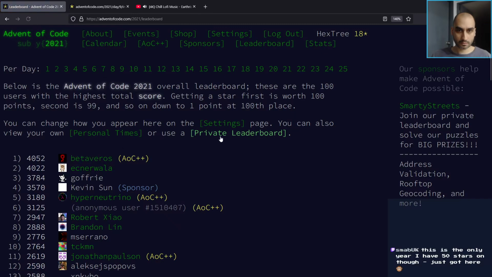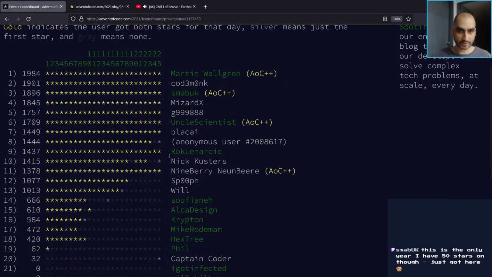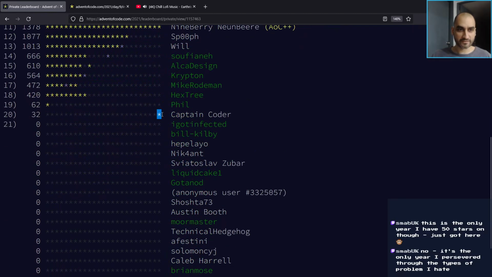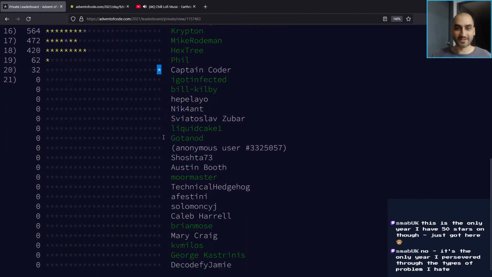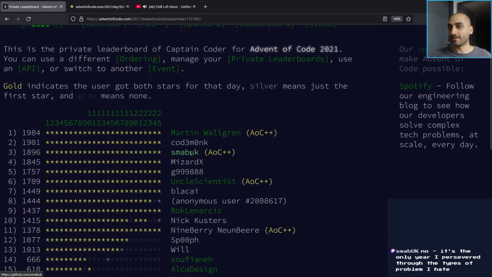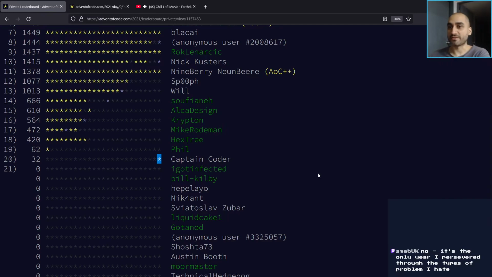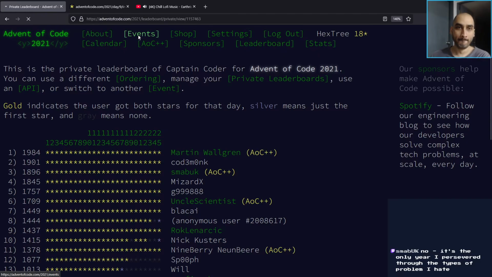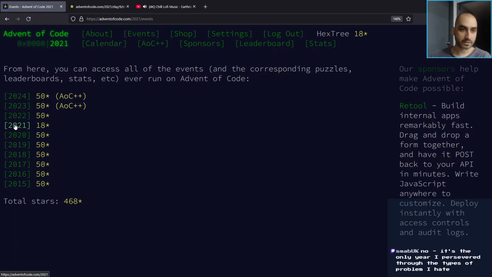Oh, I was gonna look at Captain Coda's leaderboard as well. I see that Captain Coda has done part 1 of day 25. I don't know why. Did he accidentally pick the wrong year at some point when he was doing it? Or maybe he just for some reason wanted to do that specific problem. It's the only year I persevered through the types of problem I hate. Did you do this one live? I think the first one I did live was like 2019, and then I left a gap, and then I came back in 2022, I think.